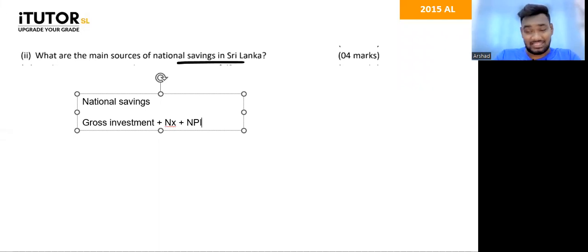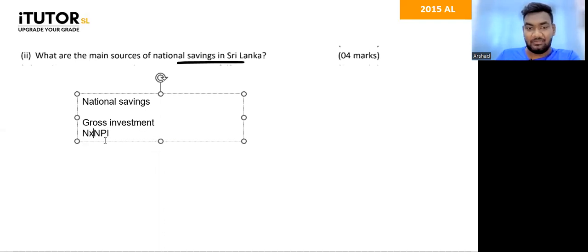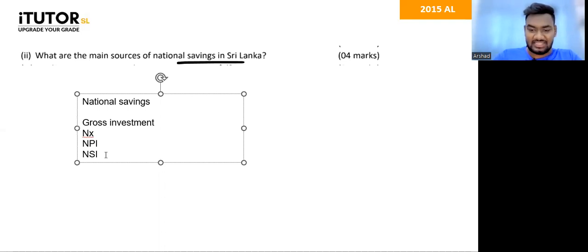You don't have to give it plus, plus, plus. They're asking for the sources, so give it as points. The full forms are net exports, net primary income, and net secondary income. Inside net secondary income, if you want, you can say worker remittance, because this is the biggest part of it. So these are the main sources of national savings in Sri Lanka.